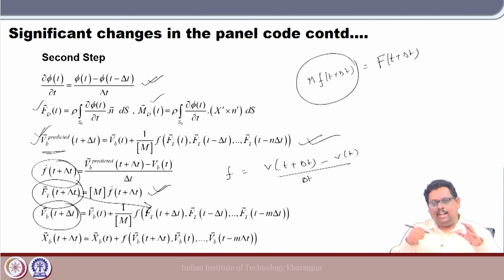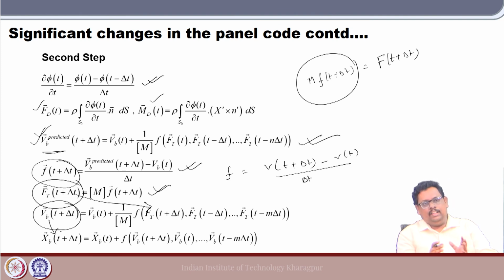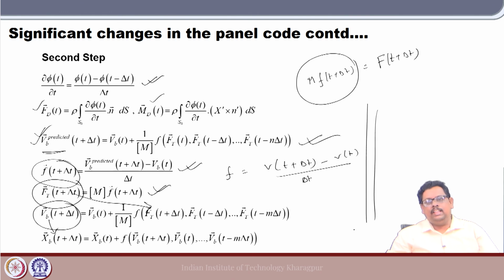Earlier we did not use this technique to approximate the force in the next time step, but now we are using it. So, we get the force in the next time step, and similarly from here we can get the displacement in the next time step. You can modify your numerical scheme in this way.